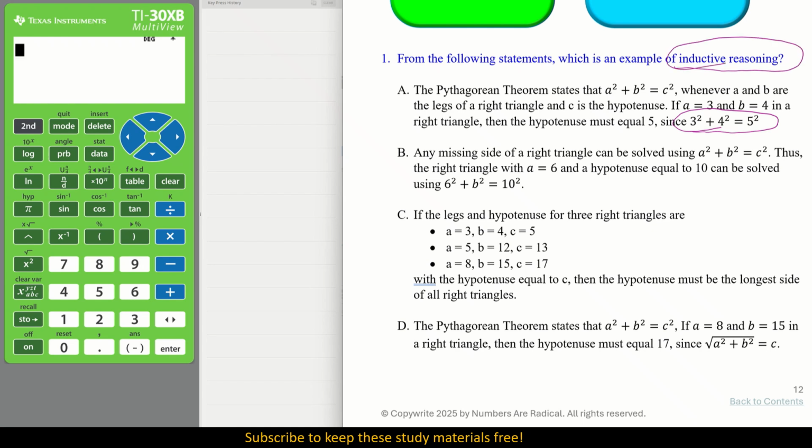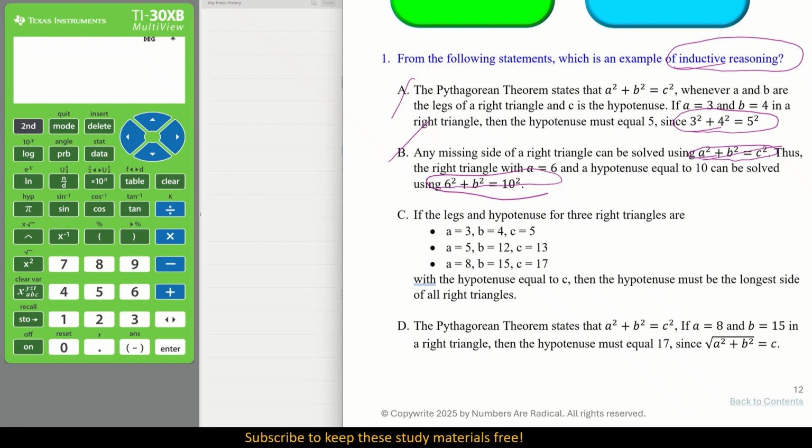Inductive would have been flipped. So let's get rid of A. Let's look at B. Any missing side of a right triangle can be solved with, nope, that's a formula. So it's starting with a formula. Again, A and B are the same thing being stated in a different way.